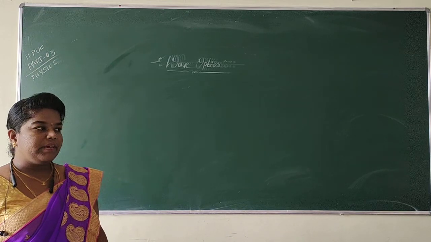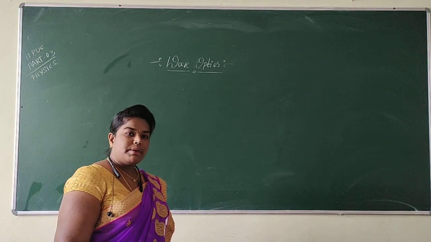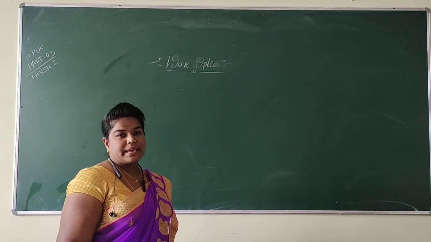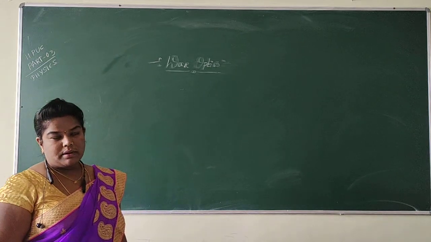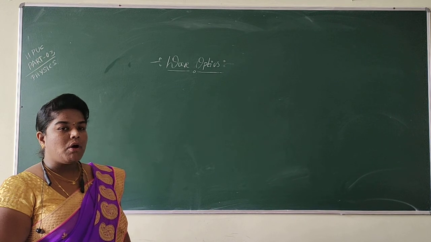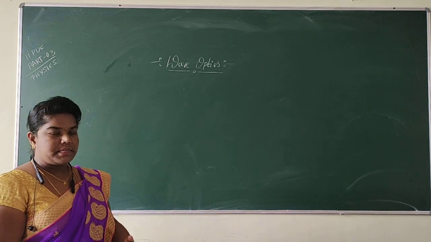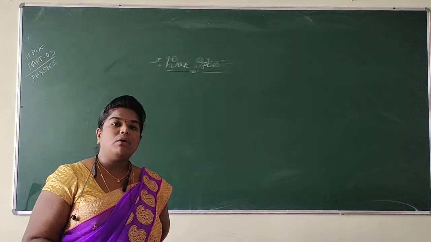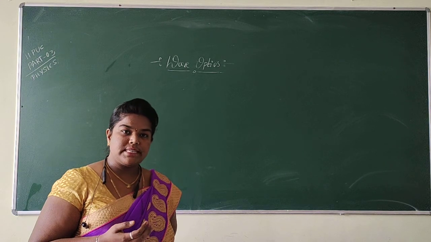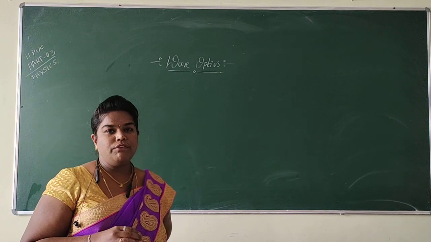But still, we can discuss how refraction takes place in case of a prism, in case of a lens, and reflection in case of a concave mirror. Dear students, we already know how refraction takes place in a prism with the help of rays, and also how refraction takes place in the convex lens and the concave lens by using rays of light.